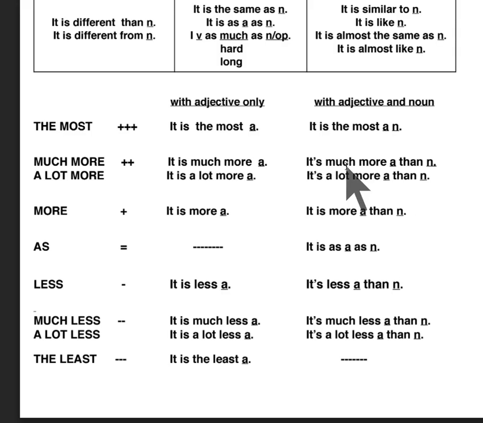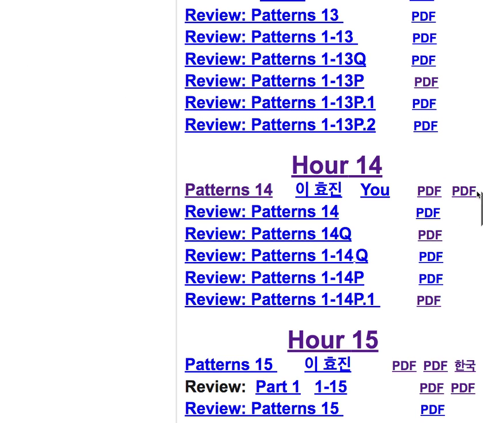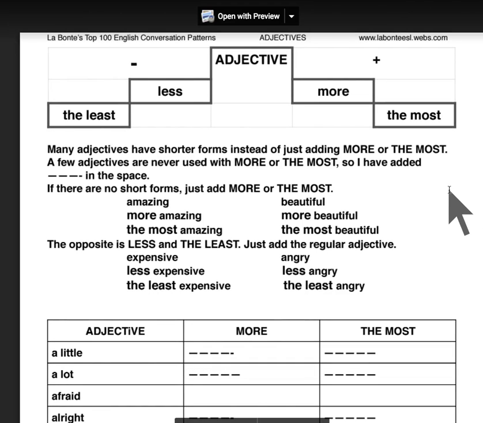Also, with adjectives, there is quite a bit of changes. I'd say maybe almost 50% of adjectives change when they come in combinations with the most, much more, and more. And in this second PDF, if you open it up, I made a chart of commonly used adjectives.